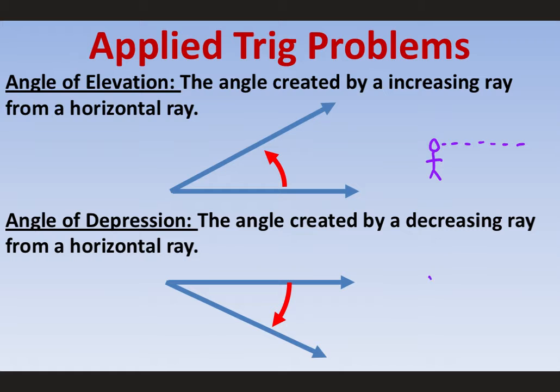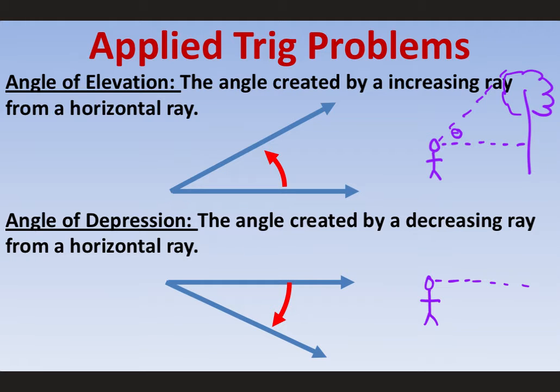We're going to use the same example for both of the vocab words here. We normally look straight ahead at something. But say instead of looking straight ahead, I look up at the top of a tree. If I look up at the top of the tree, I've now elevated my angle of view. So this angle created between the horizontal and the diagonal is called an angle of elevation.